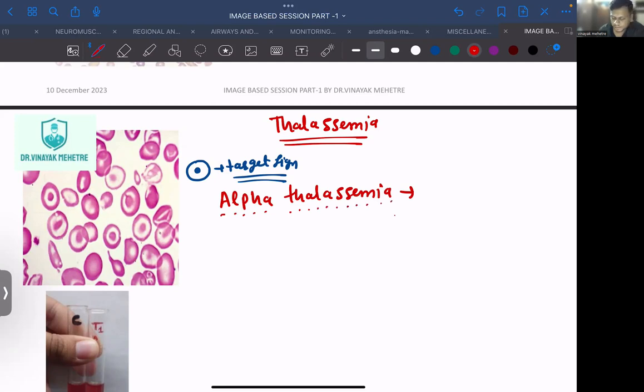That is chromosome number 16. There are two forms of this. One is Bart disease, which is the most dangerous.